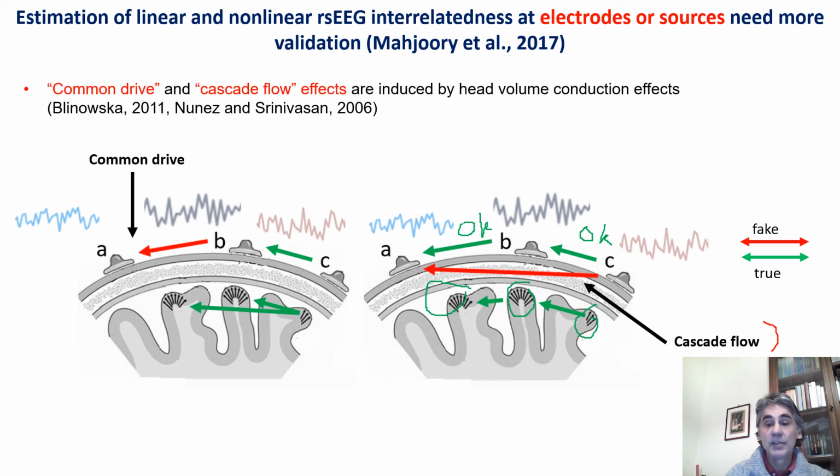For example, the solution between electrodes C and A. This doesn't correspond with the connectivity in the source space.